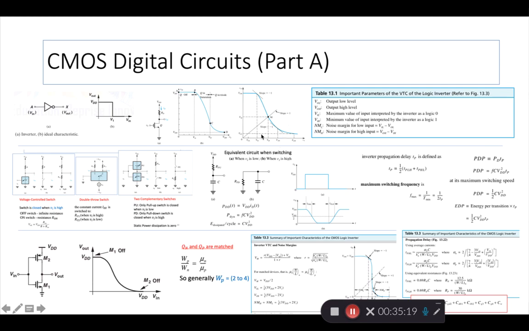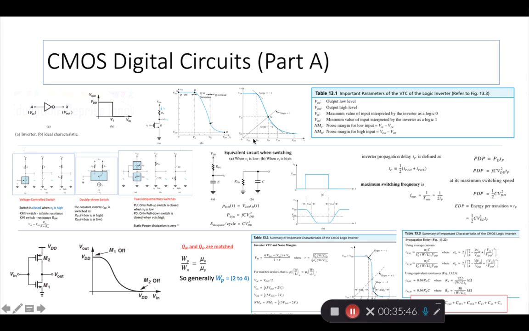Then we have this detailed VTC where we introduce the definitions of these important parameters, right? The output low level and output high level, VOL and VOH. Then we talk about VIL, that is this value, which is the maximum value of the input interpreted by the inverter as a logic 0.